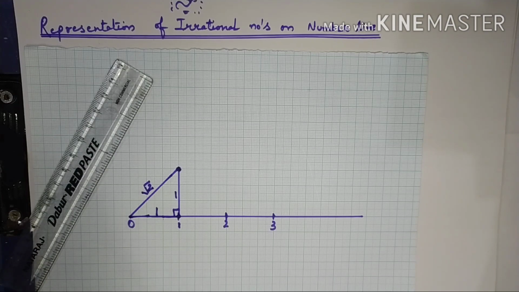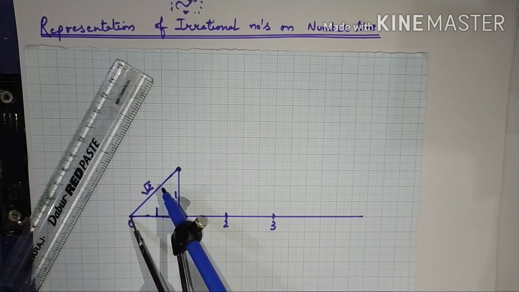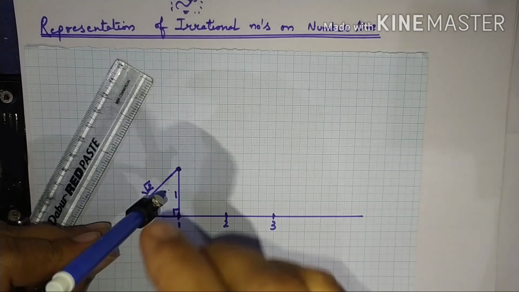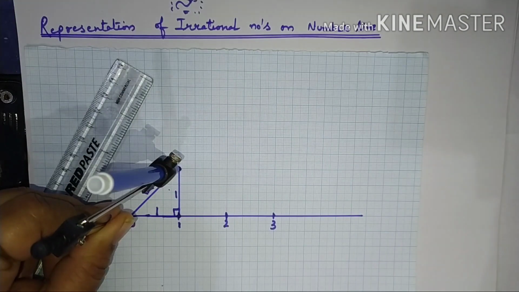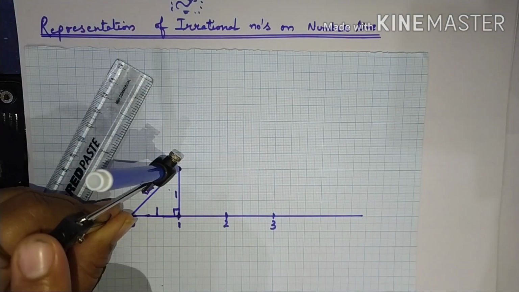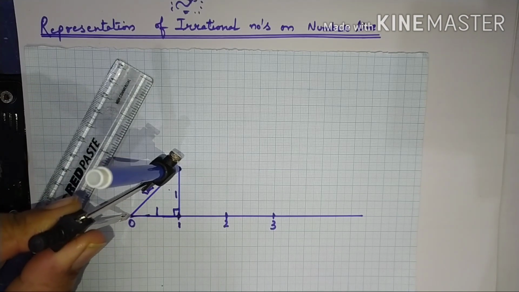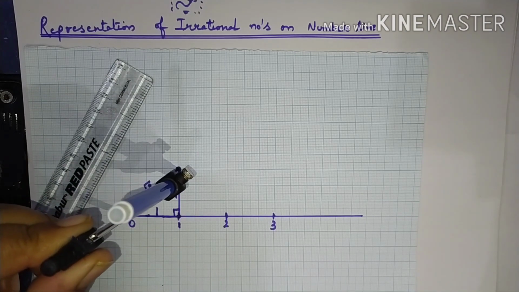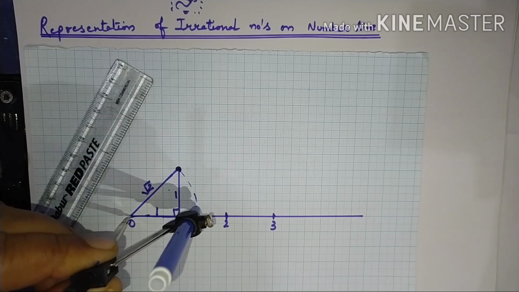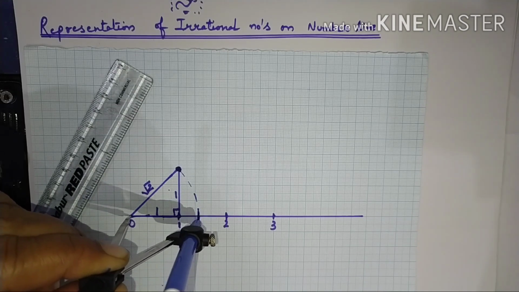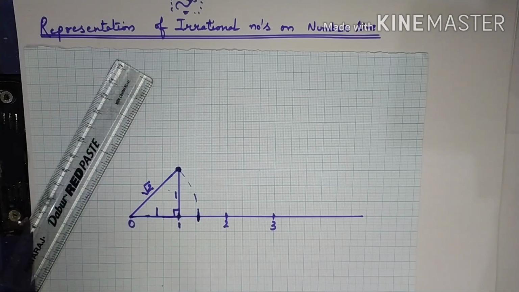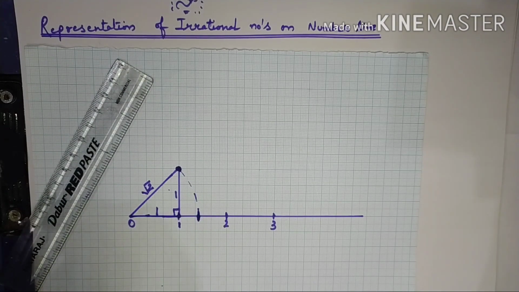If I measure it with a compass and draw it in the same way, where it cuts the number line, this is the representation of root 2 on the number line.